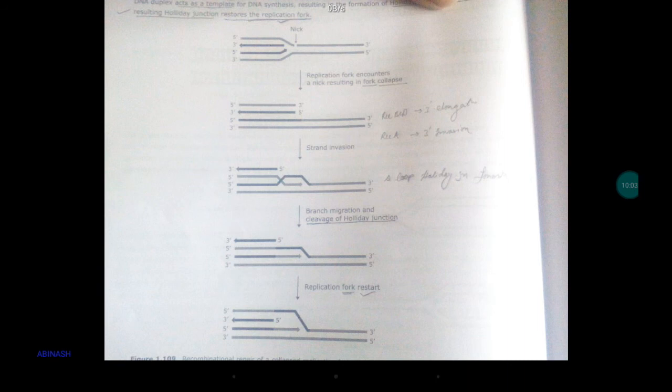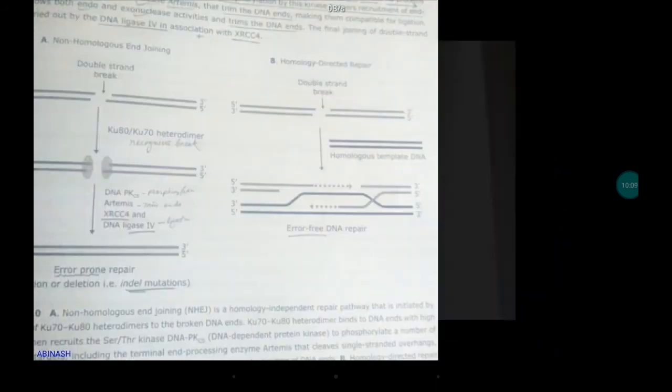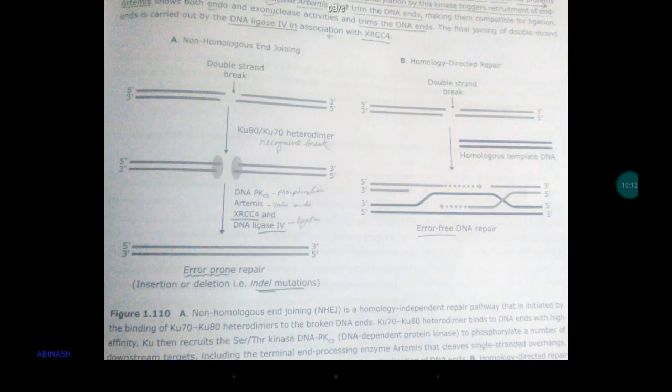The last one is the repair of double-strand DNA breaks by using non-homologous end joining, that is the NHEJ repair system. Another one is the HDR repair system, that means the homology directed repair system.